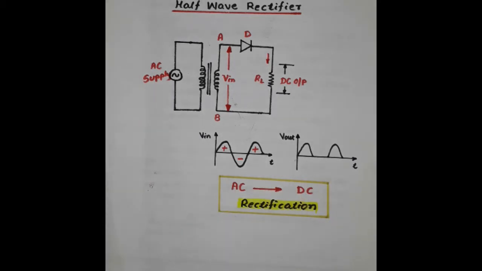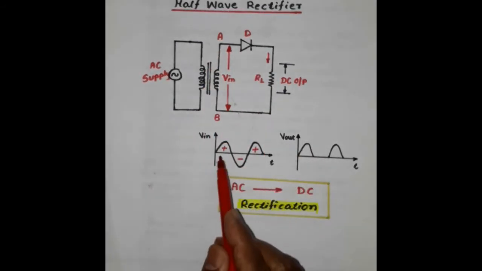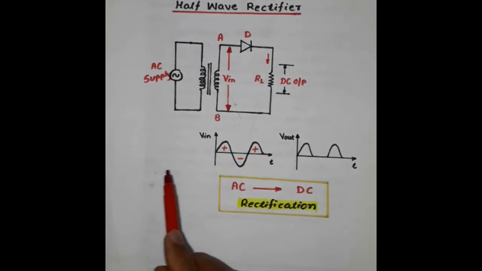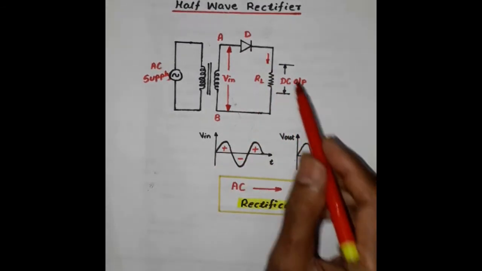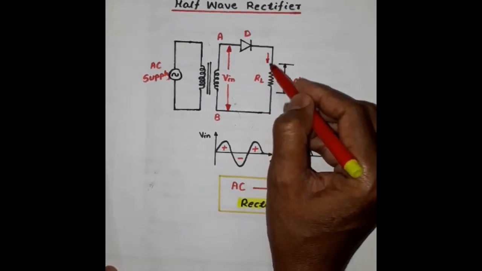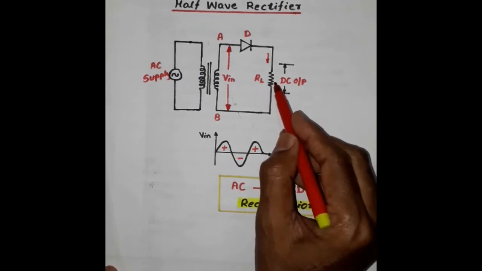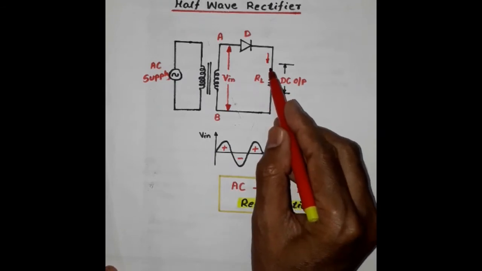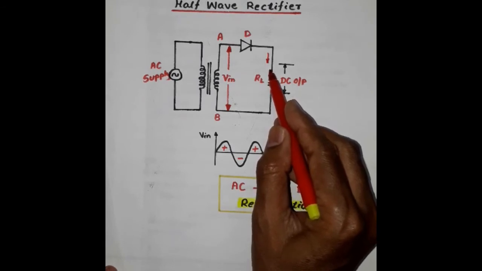One more thing, whenever the diode conducts current, of course during the positive half cycles of the input AC, it is in forward bias, and at that time the current flows in a particular direction. So the direction of current which is flowing through the load resistance RL is always the same, and such type of current of which the direction is same is called DC.